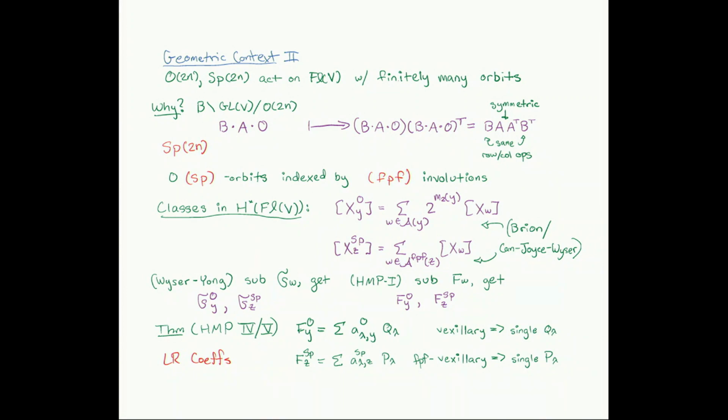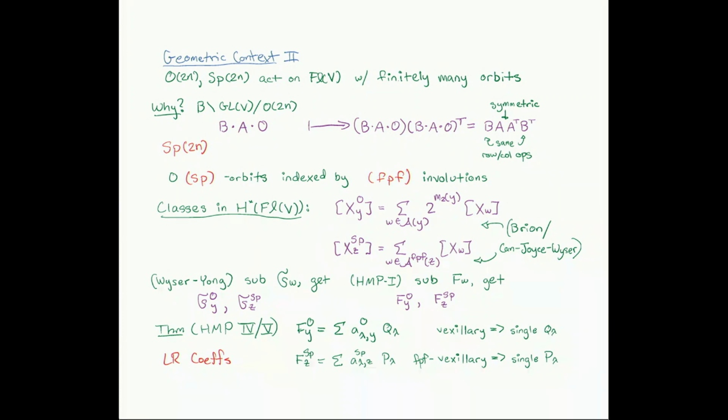It's not obvious that this is a good thing to do, but these three examples, O_n, Sp_n, and GL_p cross GL_q, are the three types of subgroups of GL_n that act on the flag variety with finitely many orbits besides, you know, Borel's. And I guess parabolics.